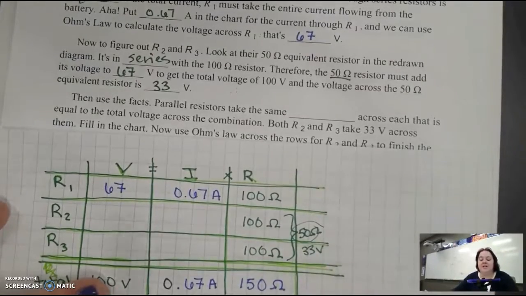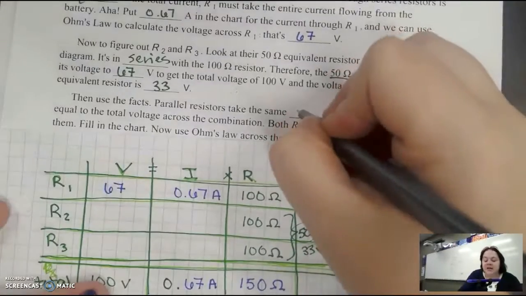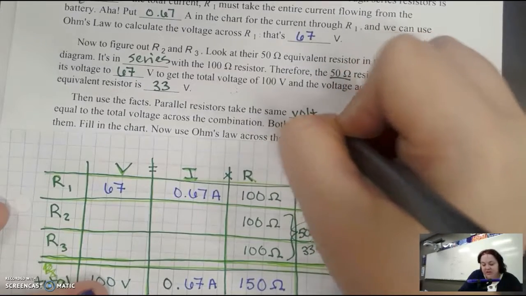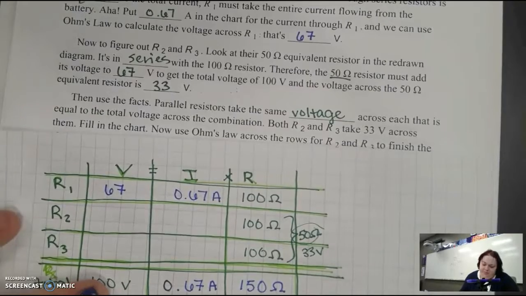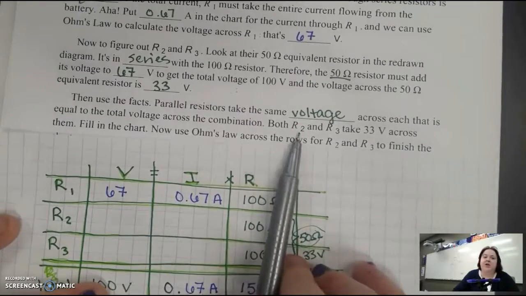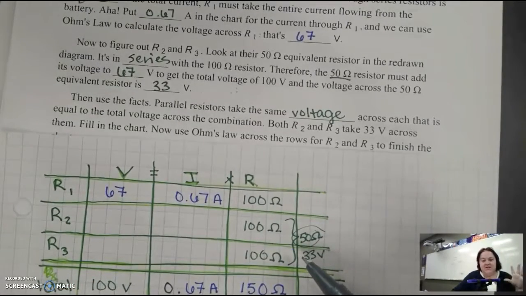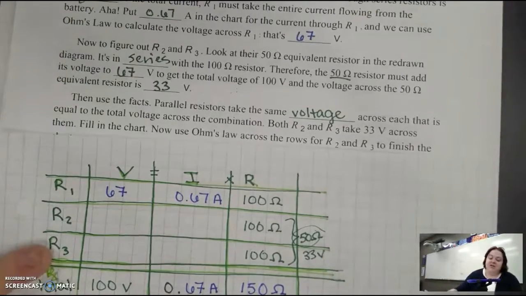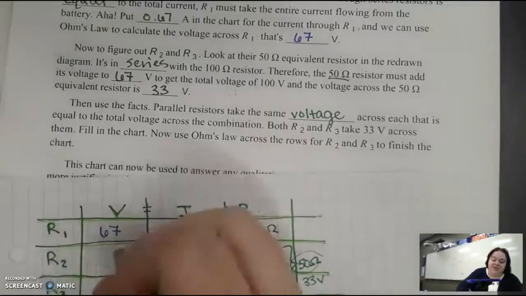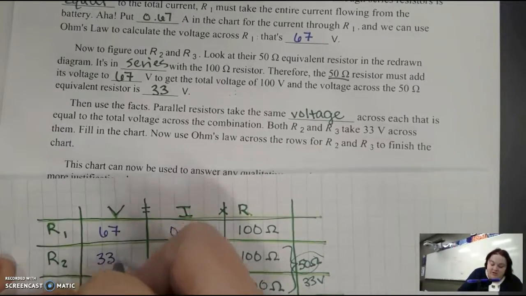Now look at the facts again. Parallel resistors take the same voltage across each one. So that means that if we know that their equivalent resistance is going to take 33 volts, then each one of them takes 33 volts.